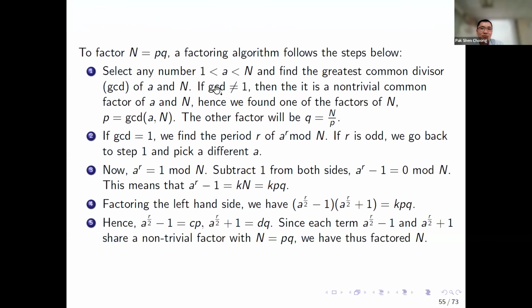If it is an odd period, then you go back to step 1 and select another random number. So it's like going through a loop, trying to search for some number that satisfies the two conditions: the GCD equal to 1 and your period has to be even. Then you slowly sift through your solutions.